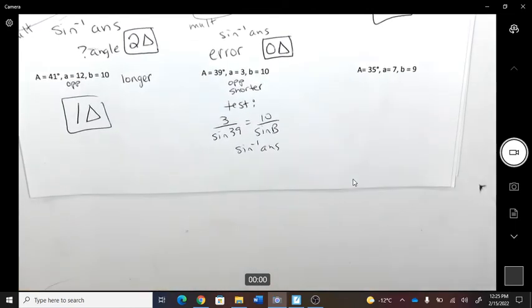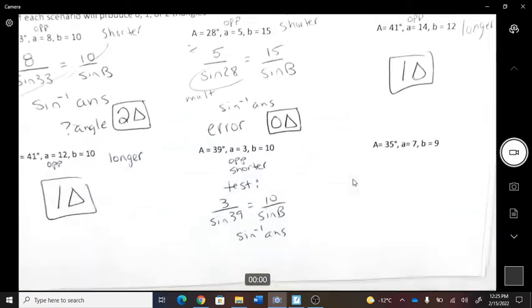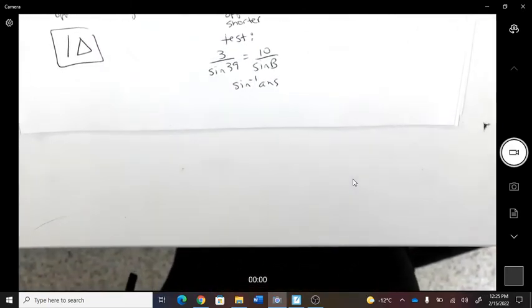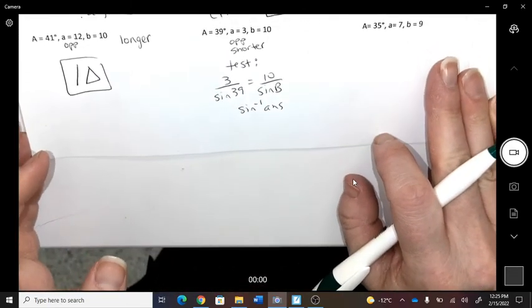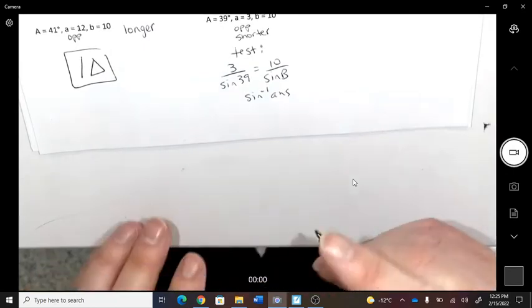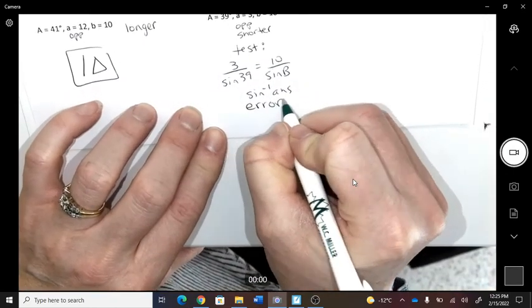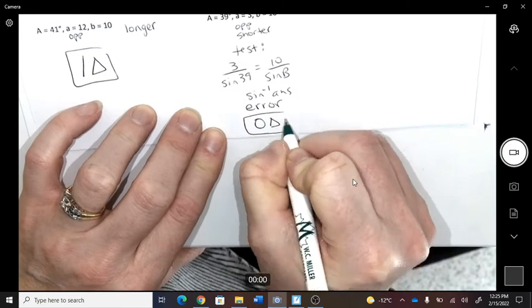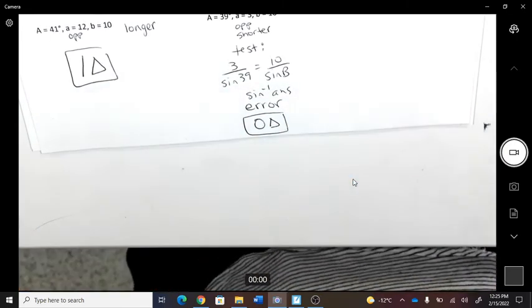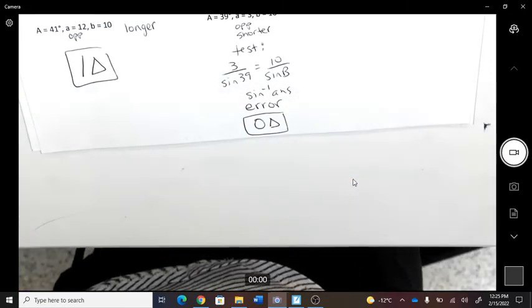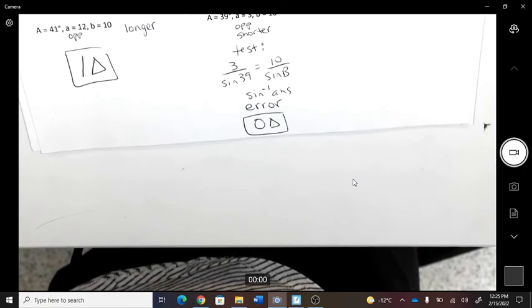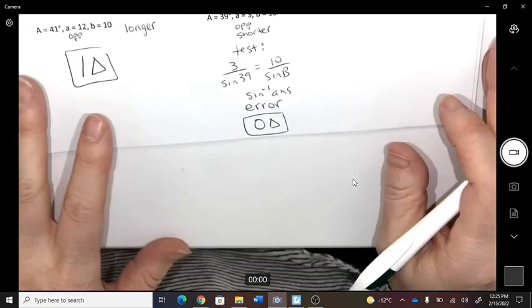So I'm going to run that whole sine law thing, and then second sine, does it work or does it make an error? Error. Okay, so now my answer is that there's going to be no triangles that will work. So it should say error when you second sine it. Okay, last one.